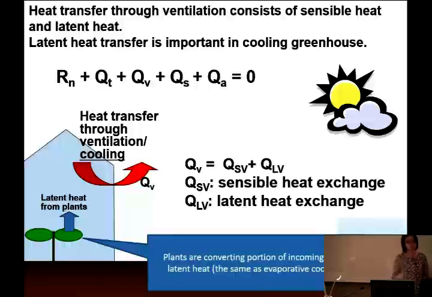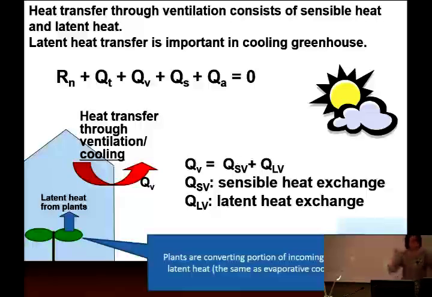So this is the same mechanism as evaporative cooling. Evaporative cooling is when you evaporate water from a wet surface, or maybe particles of water sprayed in the system. And then latent heat, right?